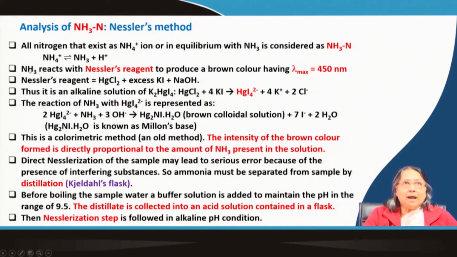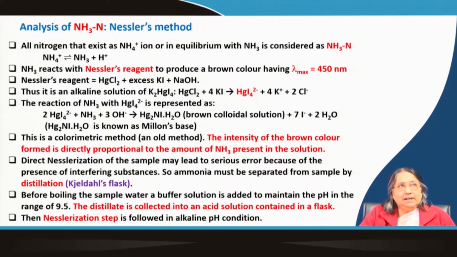Now, ammonia reacts, this is the property, ammonia reacts with Nessler's reagent to produce a brown color having lambda max 450 nanometers. You are familiar with this, because in some of my lectures I already explained the spectrophotometer, I also explained the spectrum or spectra, okay.